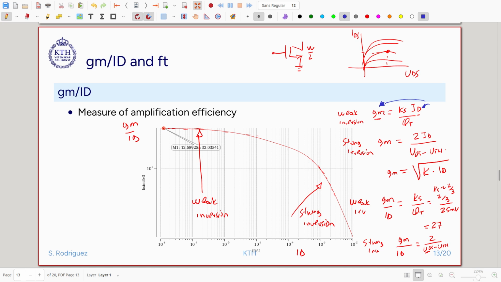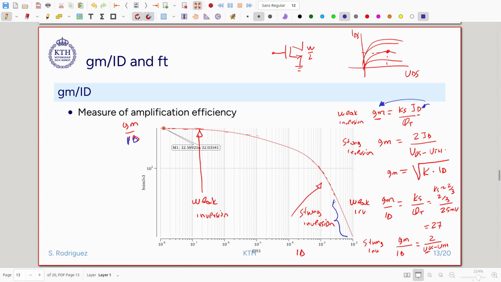So in principle, we will not want to work in regions in which we have very low values of gm divided by ID. We will not want to work in this one unless it's strictly necessary, and we're going to explain in which cases we will have to go to these regions.